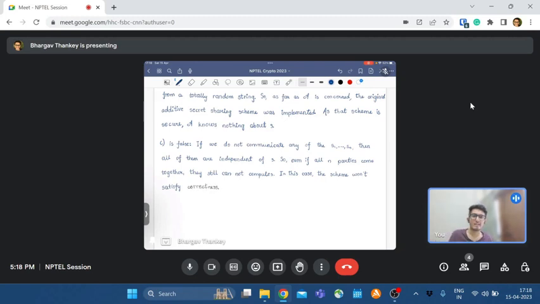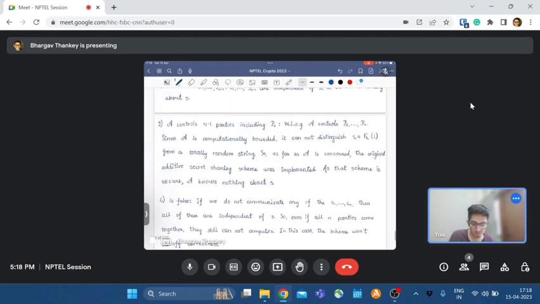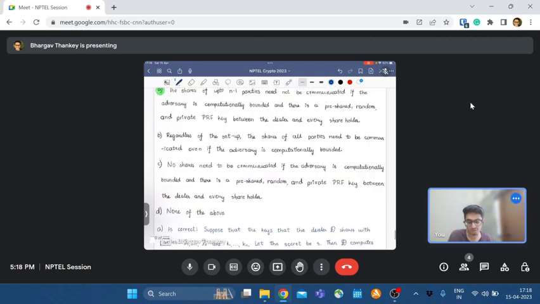Yeah. So we need to communicate at least one share with one of the parties. So C is also false. And D is false because A is true.